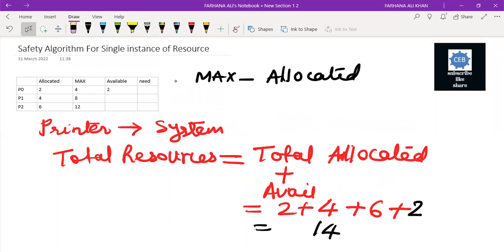So what will be the need of process P0? 4 minus 2, the need of process P0 will be 2. 8 minus 4, it will be 4. And for process P2, it will be 12 minus 6, that will be 6. So that is our need matrix: 2, 4, 6.